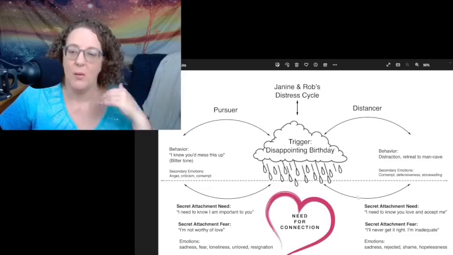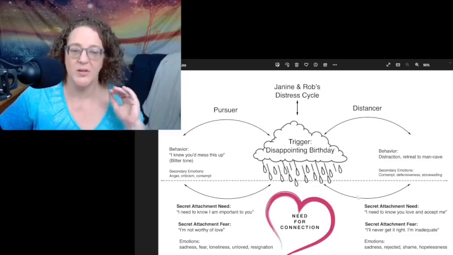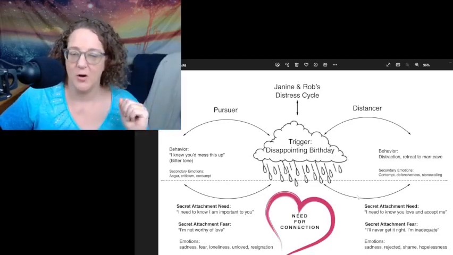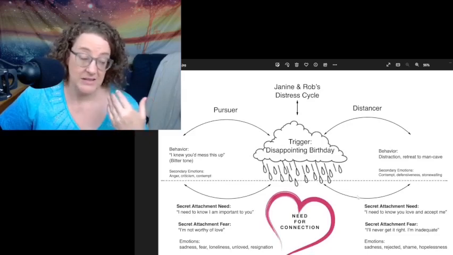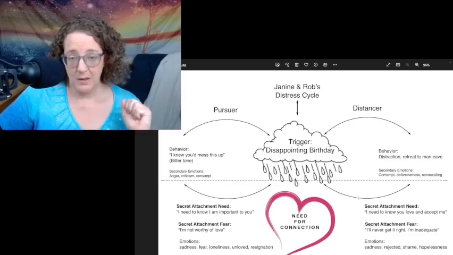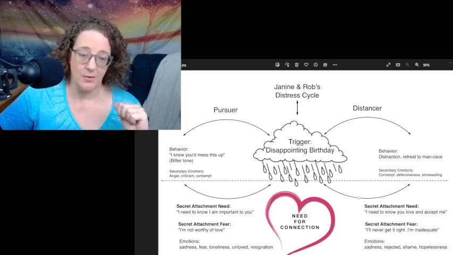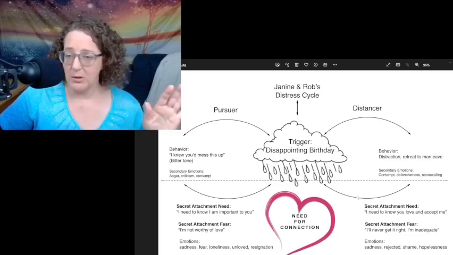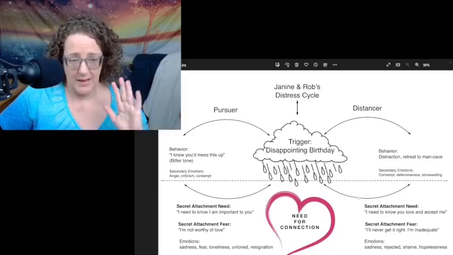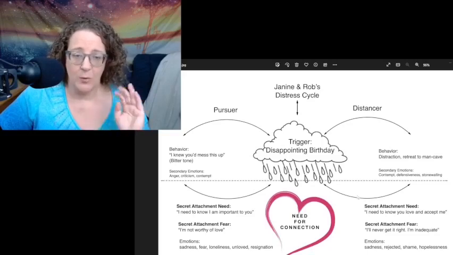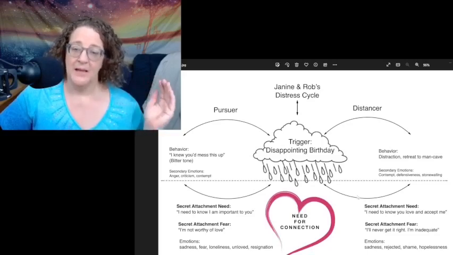We have somebody who's going towards, and that's our pursuer, and somebody who's going away, and that's our withdrawer or our distancer. I need to get some distance from you. So I might get to some distance by binge watching Netflix or screwing around on my phone. I might move over to my man cave or go for a drive or whatever, some kind of retreat behavior.